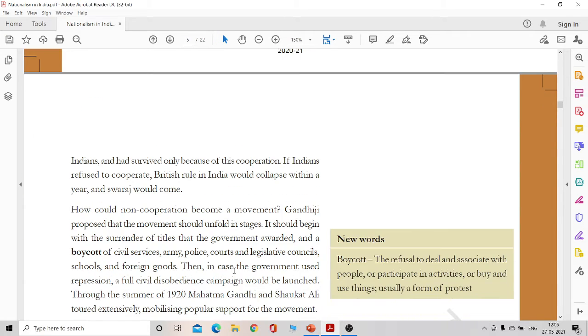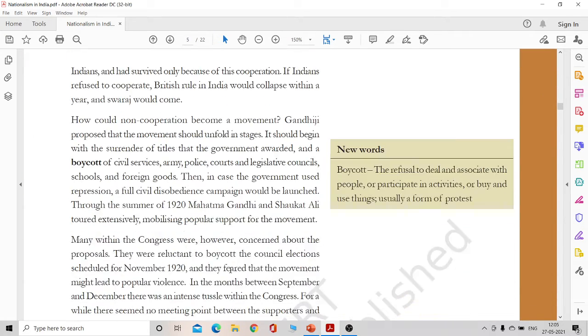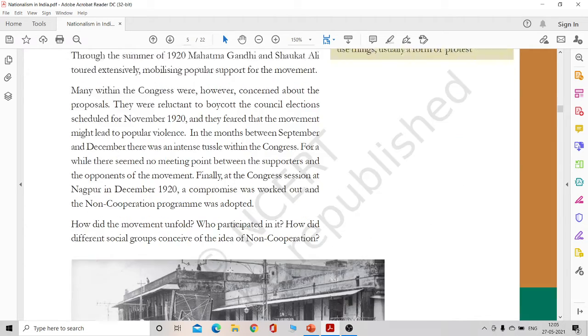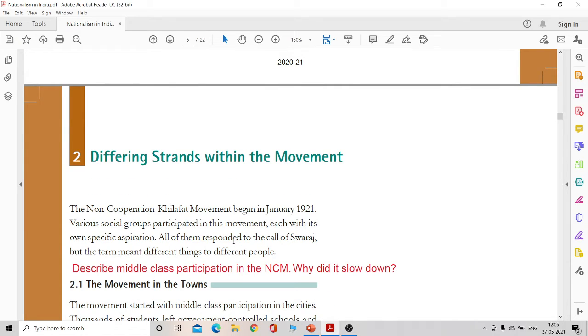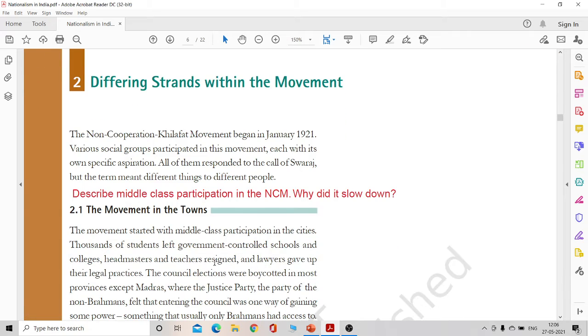Okay, moving further on, as far as the non-cooperation movement is concerned, the board asks questions on the basis of participation of various groups of people. Among them is the middle class participation in the non-cooperation movement. I have shortened it, non-cooperation movement, NCM, to save space.